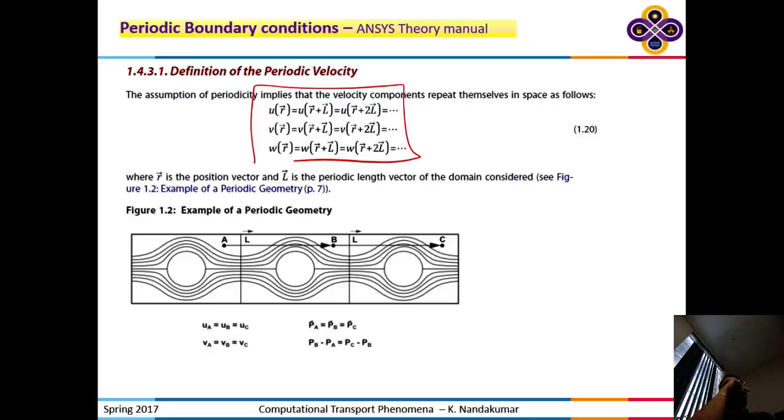People actually attempt to do so-called DNS, direct numerical simulation of turbulence, and that essentially means I'm going to solve the Navier-Stokes equation, which we solved in the last class, but at very high Reynolds number, right?